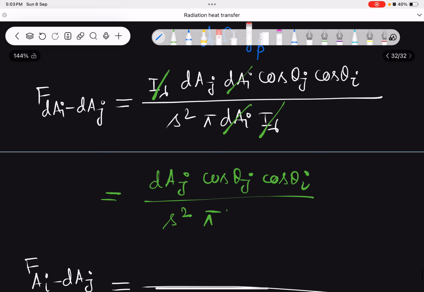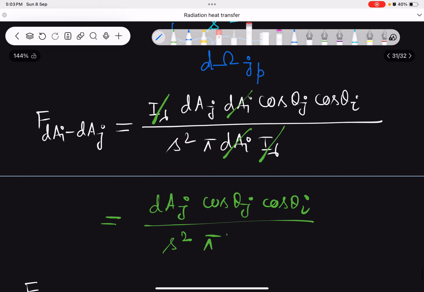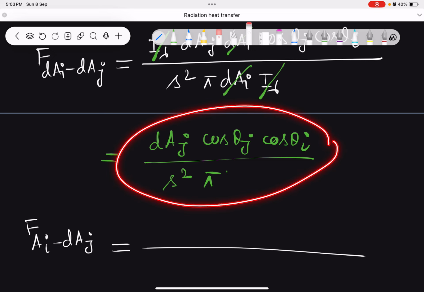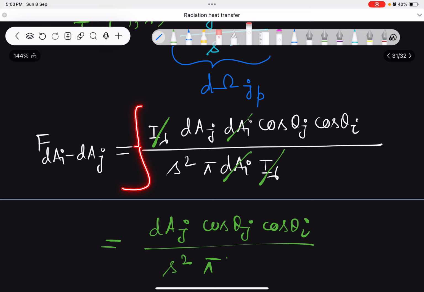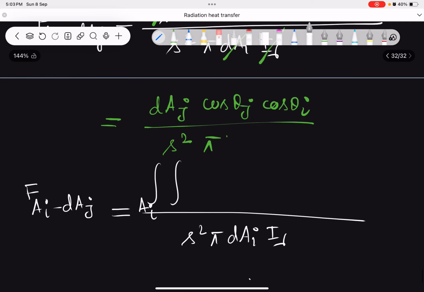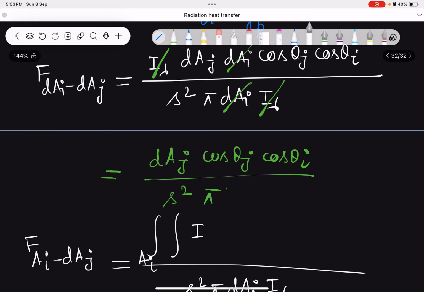So then we have to integrate over this Ai, over theta i and theta j. You don't make the mistake of integrating on this expression. You have to integrate over this expression. This thing will remain the same, that is, pi Ai into I lambda, but this thing will be integrated over the whole area Ai and over the whole direction also, theta.